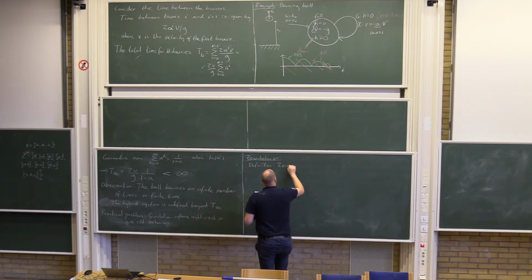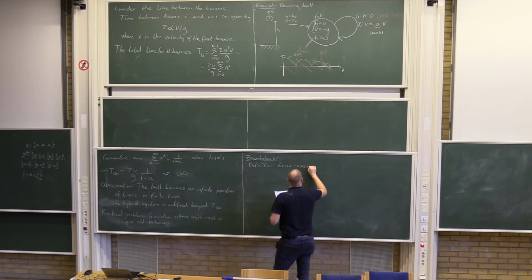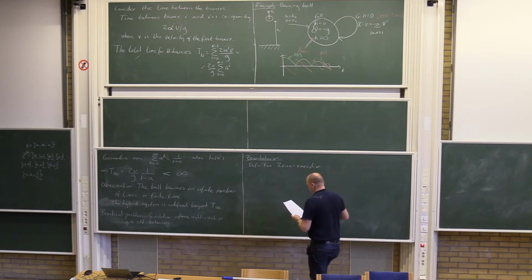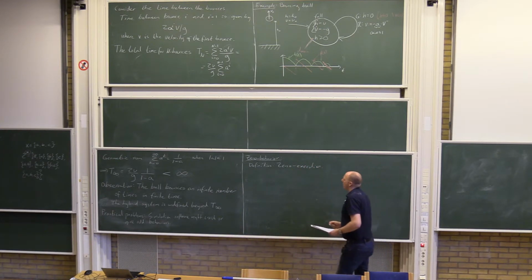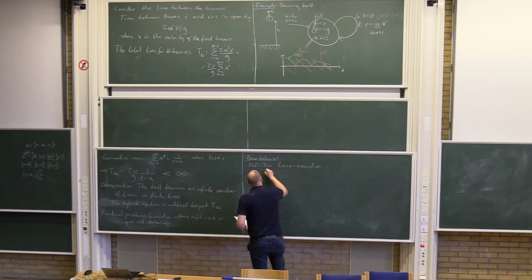Definition: Zeno execution. This is what happened.